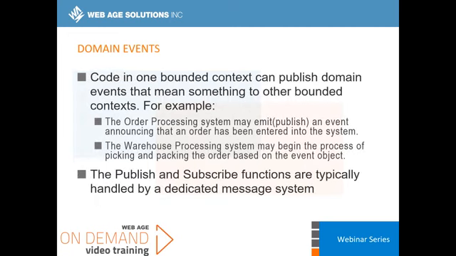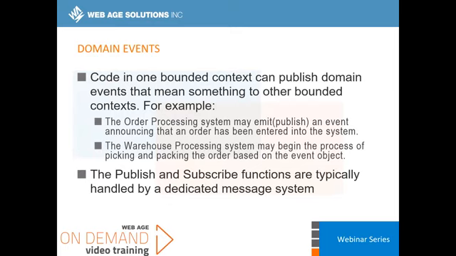So that action tends to come in the form of a publish and subscribe kind of relationship, where one bounded context publishes the event that's generated by one of the entities contained within that bounded context, and some other bounded context is waiting or interested in that event happening.